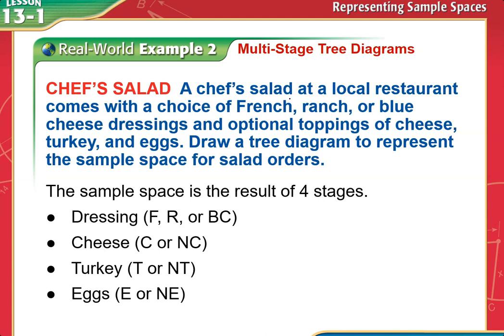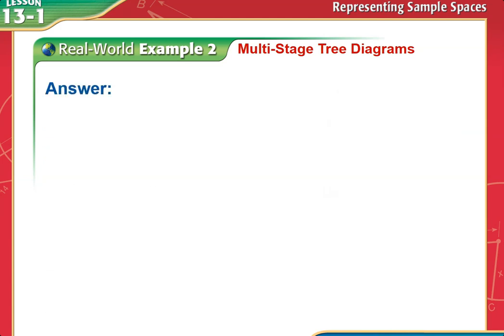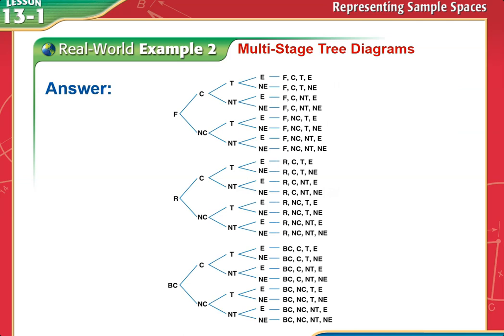Now we're going to draw a tree diagram with the 4 stages. Sometimes you have to draw them to the side to make them bigger. So think about what this stands for. This top one being F, think about what that stands for.